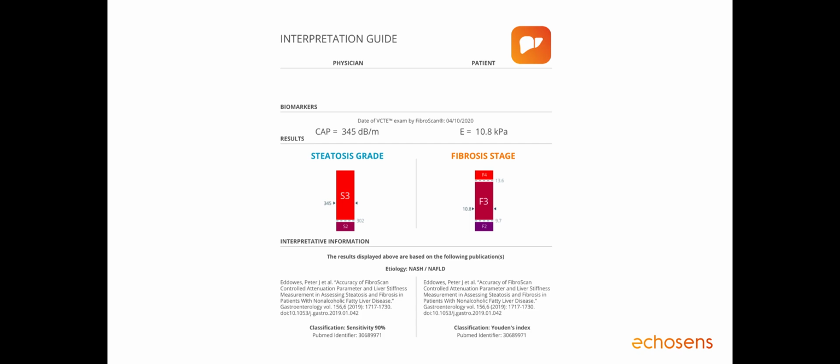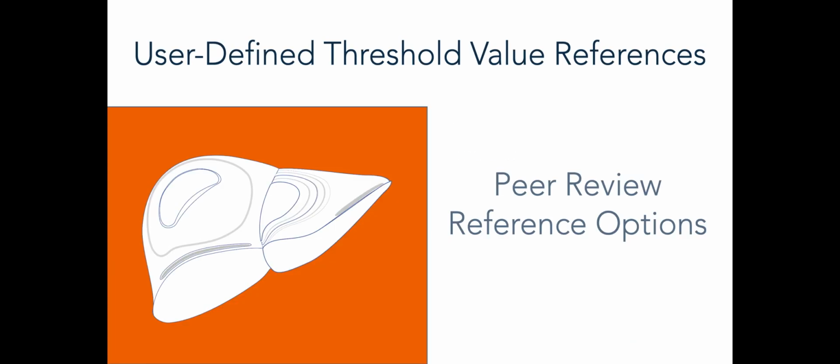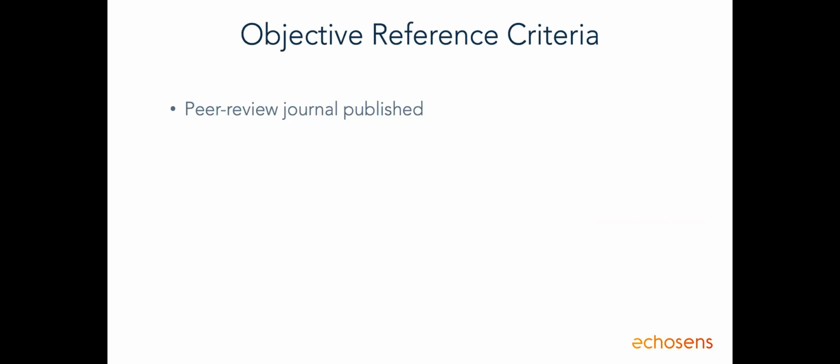Now, how might we change these threshold value references? So let's take a look at how these references get into the app. An objective process is used to determine what peer review reference threshold value publications you have, and these are the criteria.